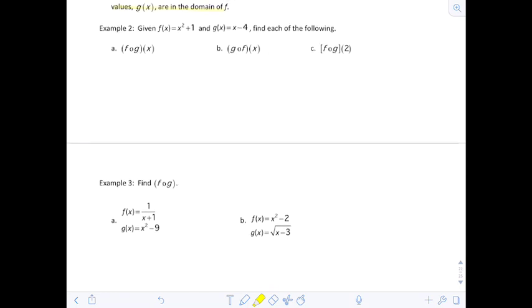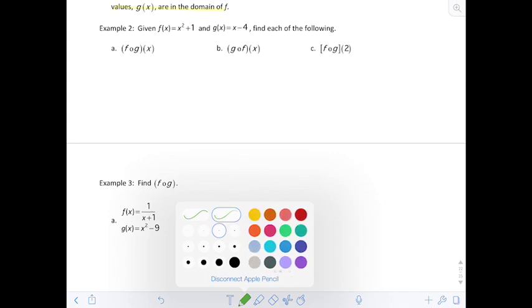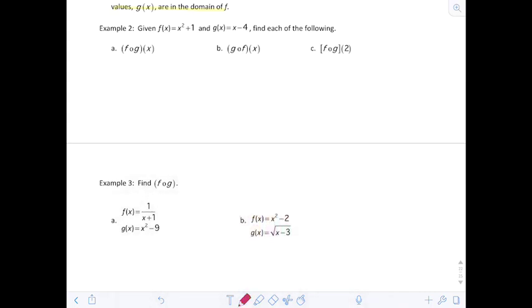We're given f of x equaling x squared plus 1 and g of x equaling x minus 4. So the first example wants us to find f of g of x. I'm going to rewrite this notation, f of g of x. So this helps me see that we're going to take g of x and put it into f. So g of x is actually x minus 4.